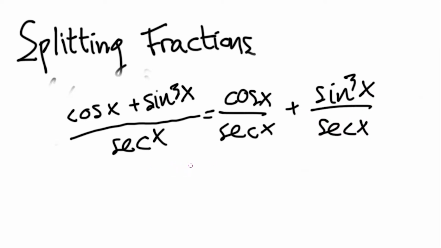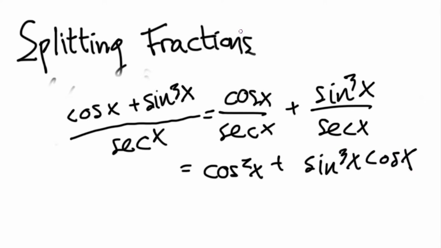And that can even be rewritten further as cosine squared x plus sine cubed x cosine x. Because remember, cosine x is just equal to 1 over secant x. So 1 over secant x is equal to cosine x, right? We can just move it back to the top.